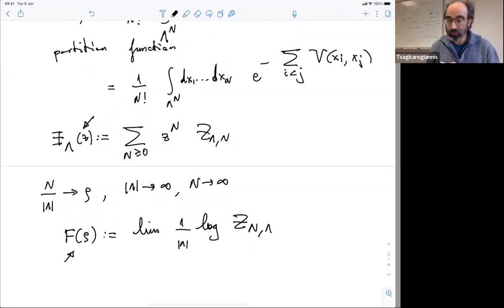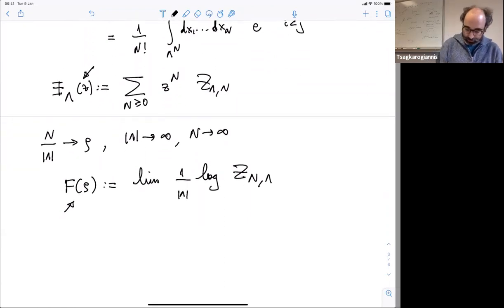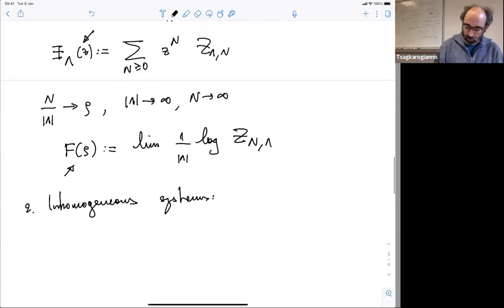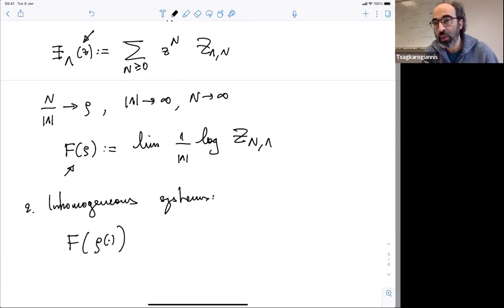So this is what one has to compute in order to calculate the free energy. And now the question, of course, is, for the inhomogeneous systems, how to compute the same thing, but for now a function which is not constant.